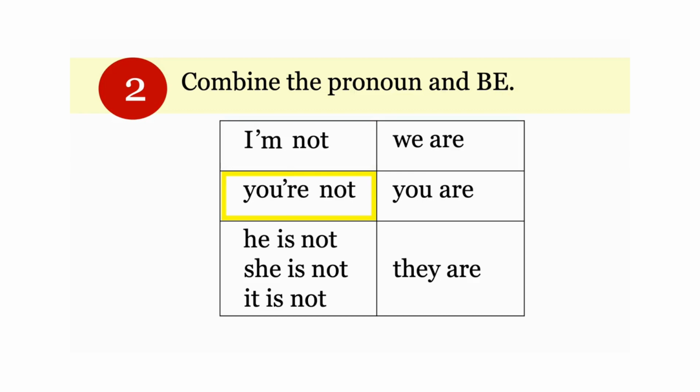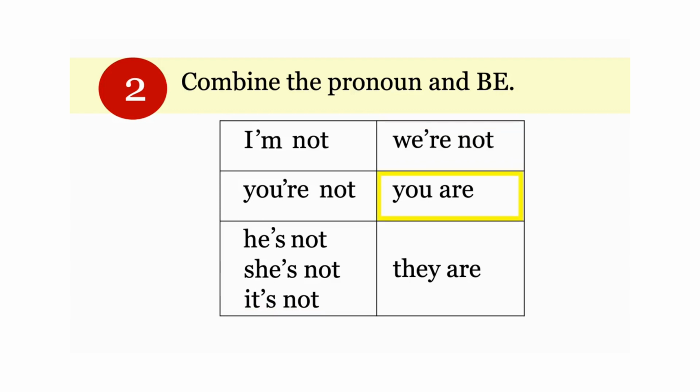Don't forget the apostrophe. He is not. This time it's the S you drop, then use the apostrophe. He's not, and she's not, and it's not. And the rest of these are, so they follow the same pattern. We're not, you're not, they're not.